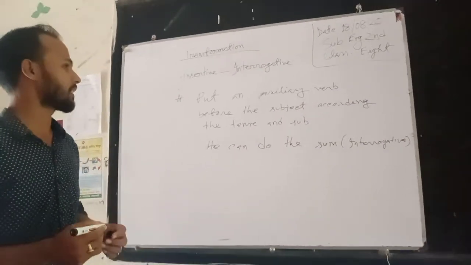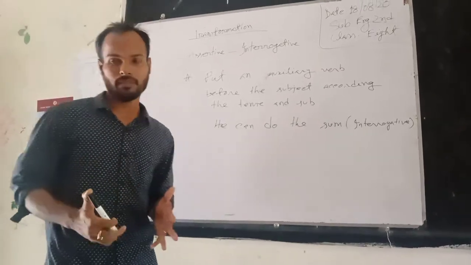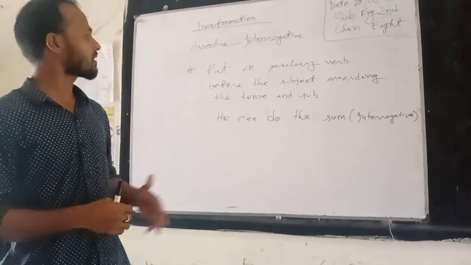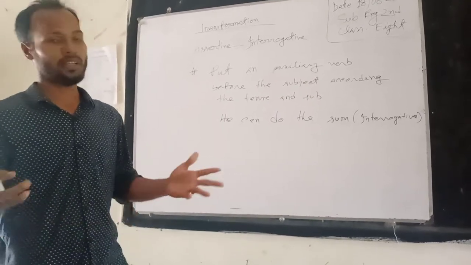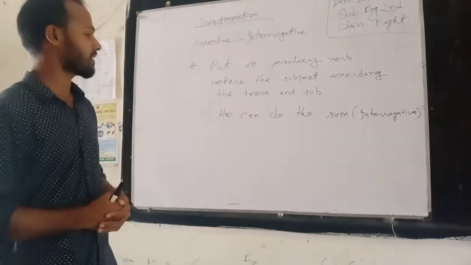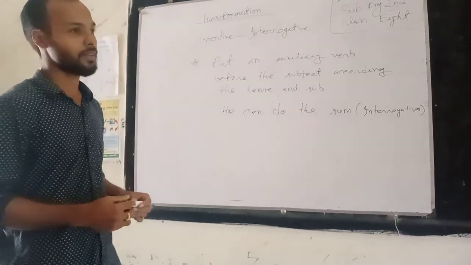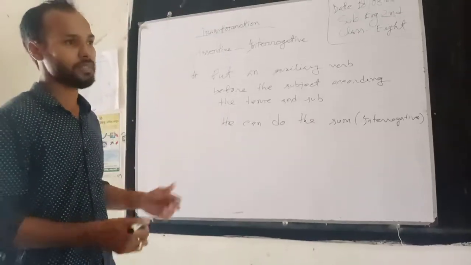Which one is the subject? It is very important. I have told you before in our usual classes which one is subject, which one is verb, and which one is other part of speech. Here, you have to identify first the subject and the verb. Then you can write the auxiliary verb before the subject.